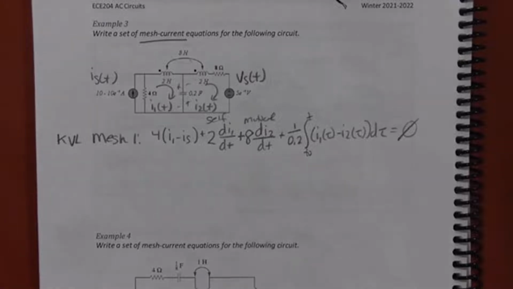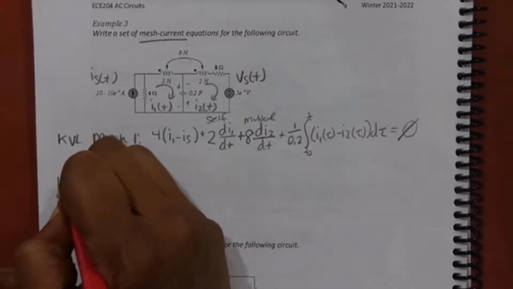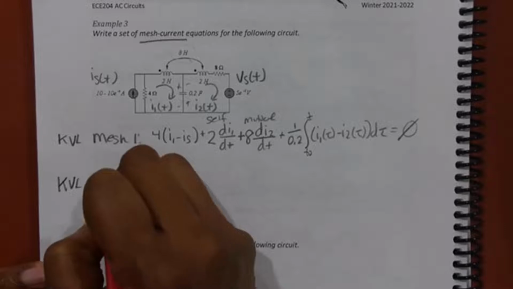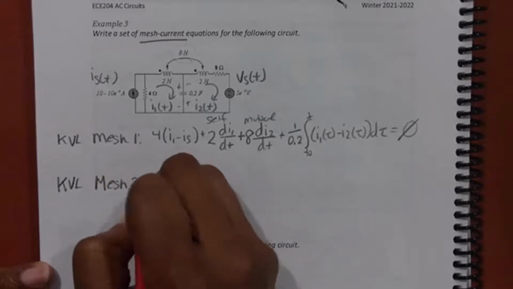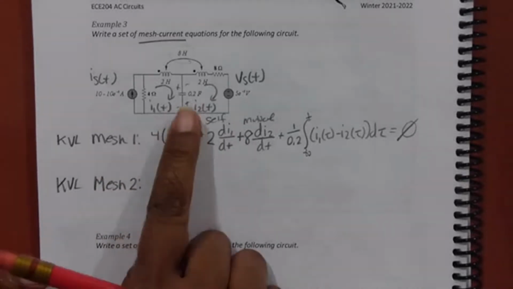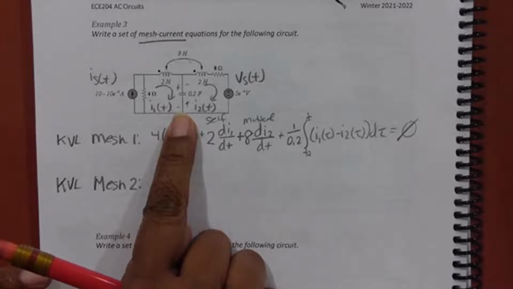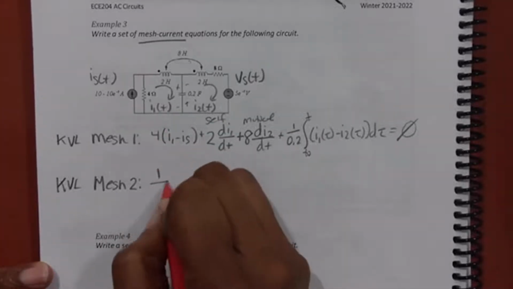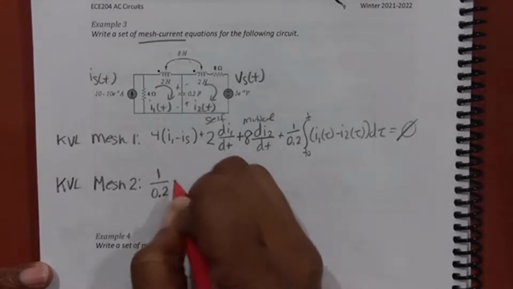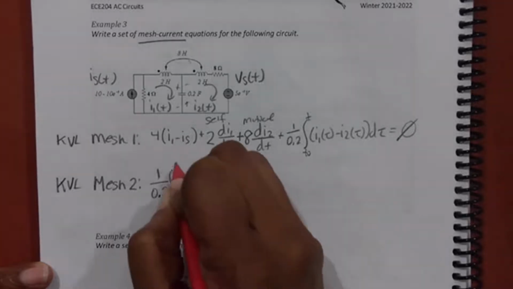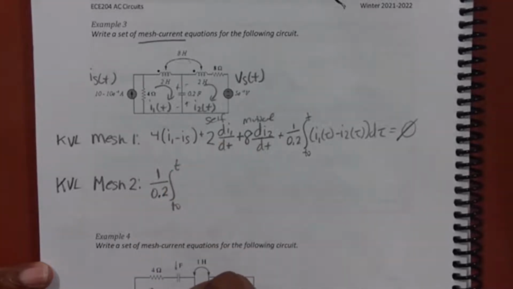Okay. KVL at mesh 2. I'm going to start with the capacitor again. It's going to be 1 over 0.2, the integral from t naught to t.